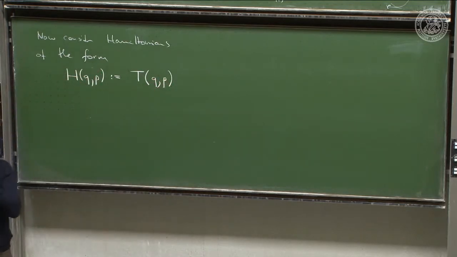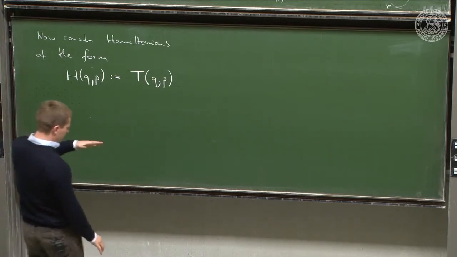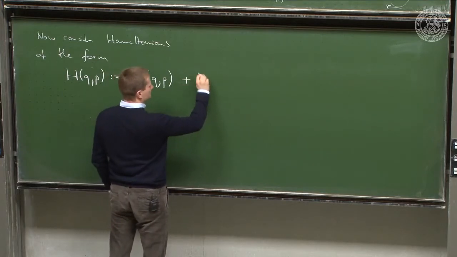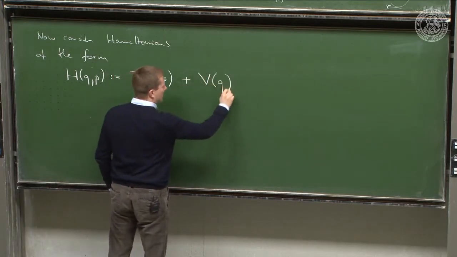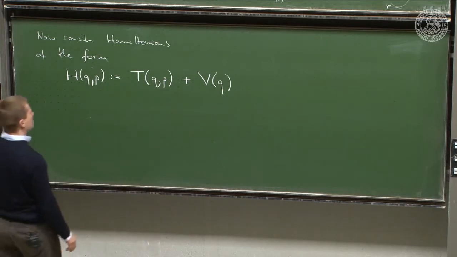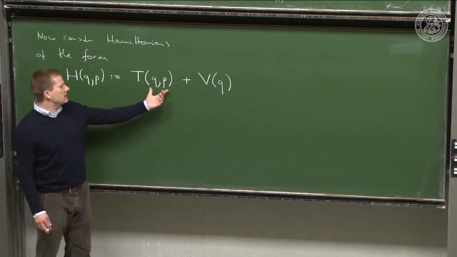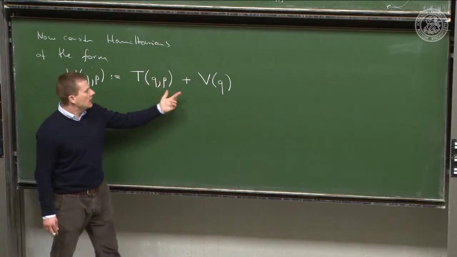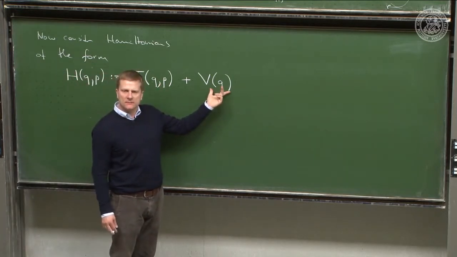This is usually not done in flat space, in flat base space, but here we'll allow it, plus a potential energy part, which, however, we now require to depend only on Q. And so this should be a clear split. All the dependence on P goes into this kinetic part, and all the remainder goes there.